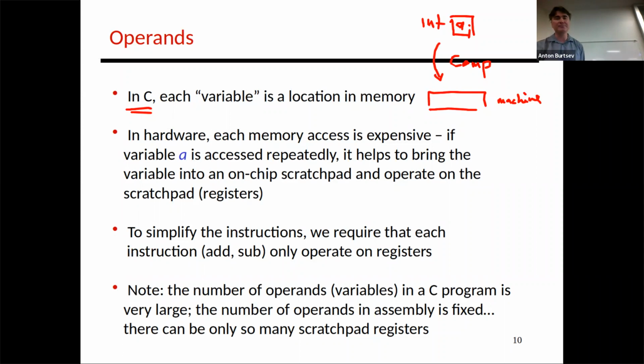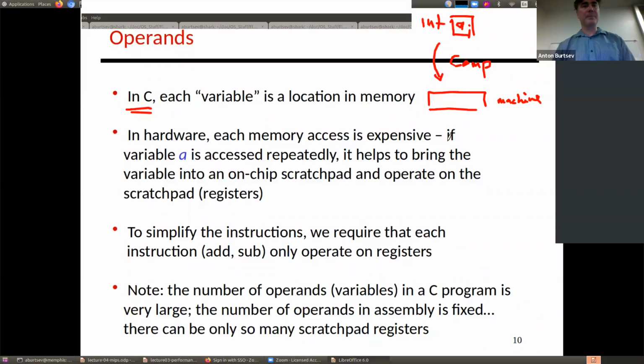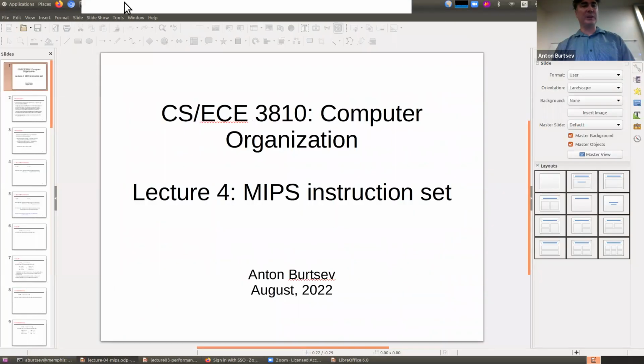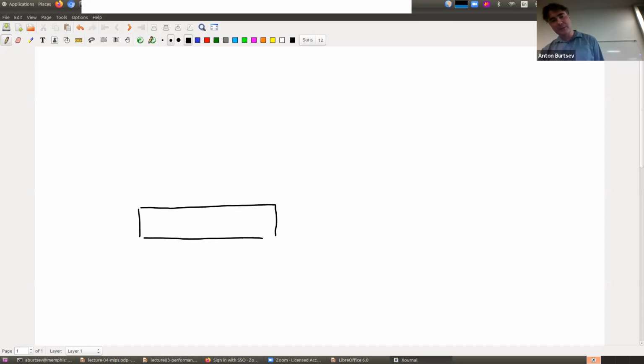Let me make you a drawing real quick, because I have only limited drawing capabilities in this PowerPoint, or whatever, LibreOffice, but here I can draw freely. Let's talk about how programs are represented in memory. Roughly speaking, you have the code of the program.